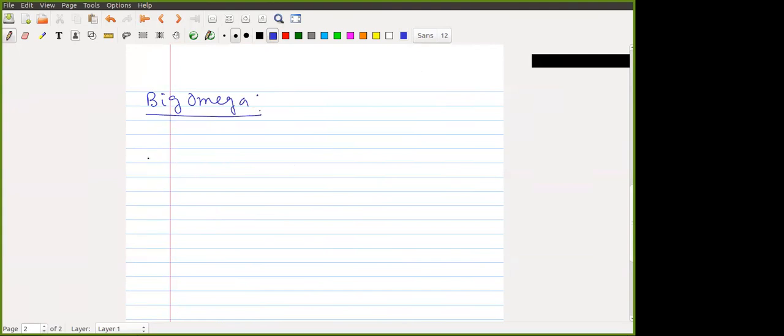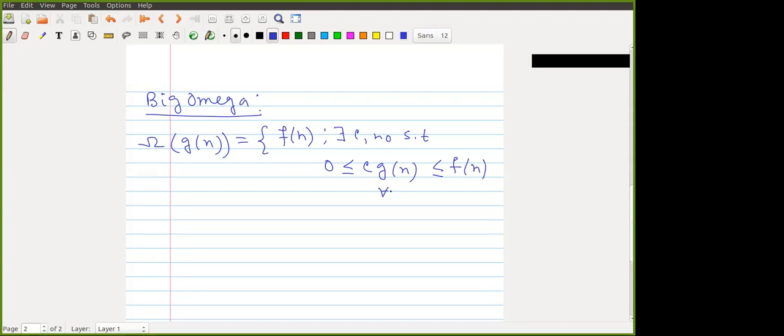Again, I'll give you the definition first. For these functions, there exists a C and n naught such that 0 is less than or equal to C g(n), which is less than or equal to f(n), for all n greater than or equal to n naught.